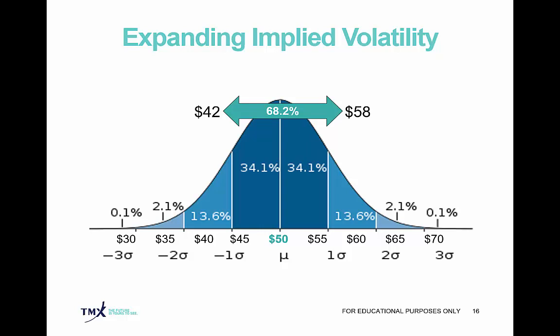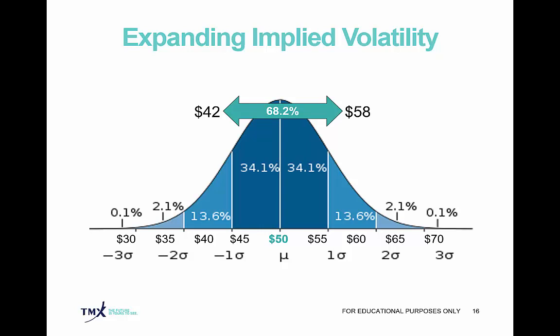So where does this tie into earnings? And I'm going to reinforce this again, but if you think about an earnings report as being sort of an unknown variable, right? There's a lot of uncertainty. We don't know what the CFO or the CEO is going to come out and say about the company. What's their forward guidance going to look like? How did they do this quarter? What's their expectations for next quarter? It's a lot of uncertainty.